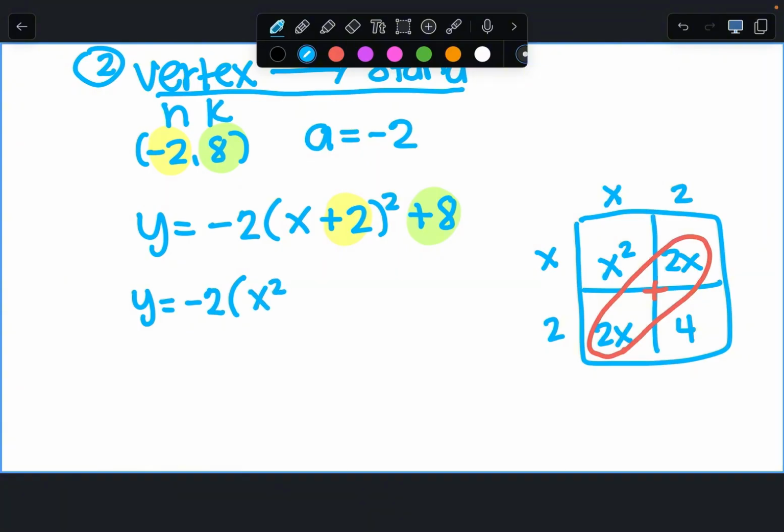Because there is an a, remember we're going to leave everything we get from box method inside of the parentheses. And the next step is to distribute.